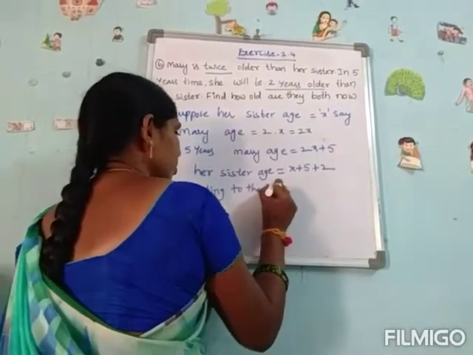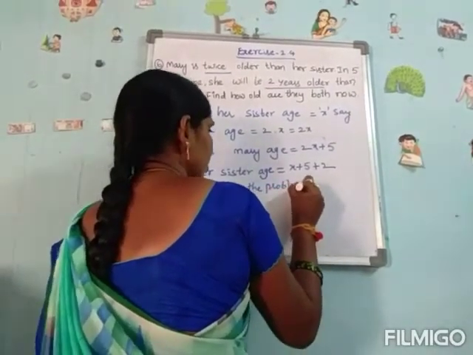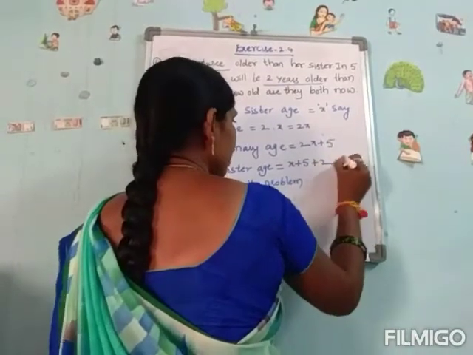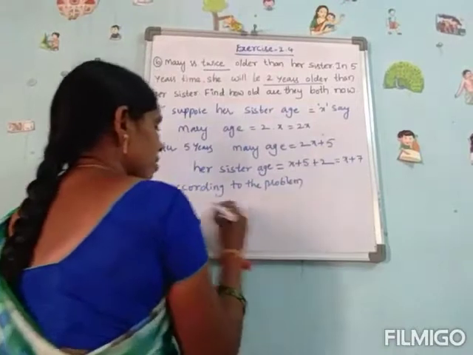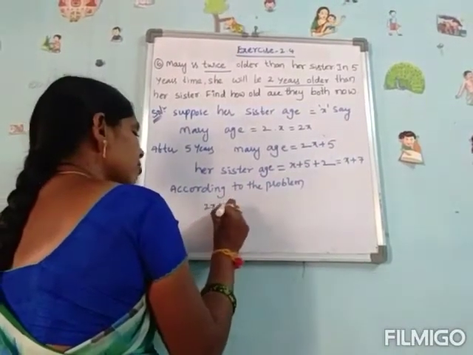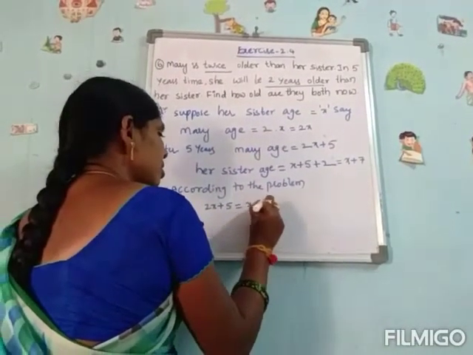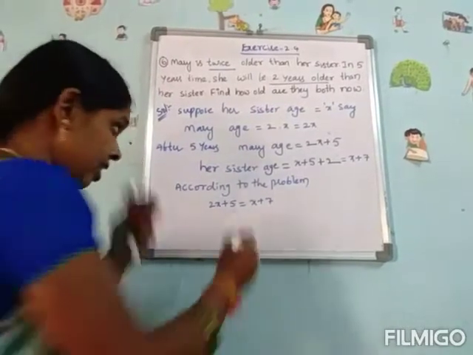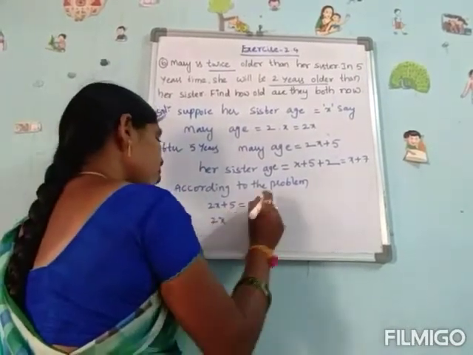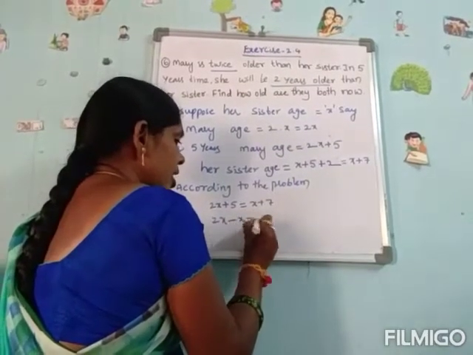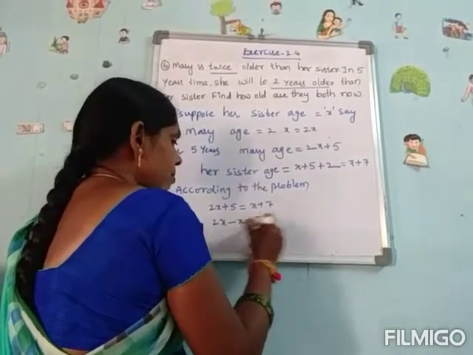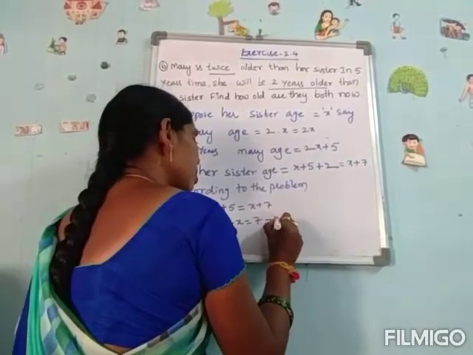So here we got x plus 5 plus 2 is 7. These two are equal. So 2x plus 5 equals x plus 7. So that is 2x. Take the variable to the left hand side: plus x by transposing it becomes minus x. 7 plus 5 by transposing becomes minus 5.